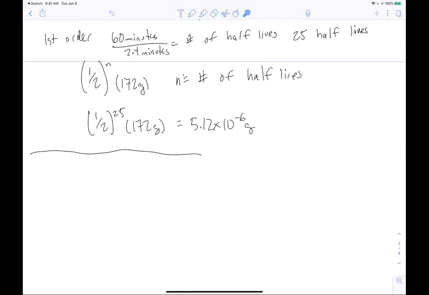Okay, so LE 3.05, we're looking at integrated rate laws here, question number 3. Okay, so we're looking at this decomposition reaction.